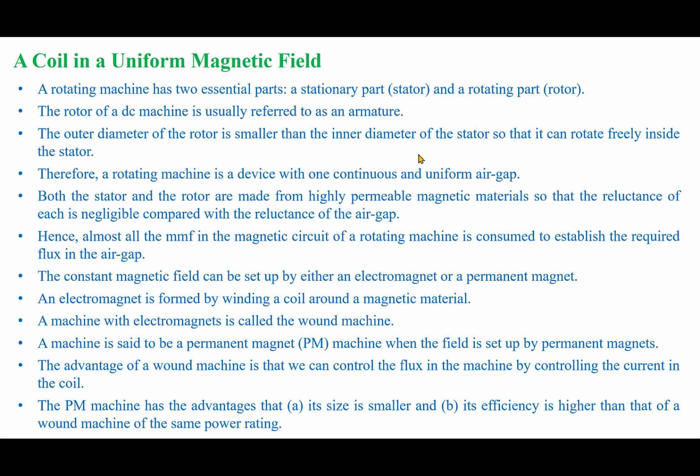Which loss is not there in the permanent magnet machine? They are there, of course, armature we have heat. It is producing it, right? Only the field winding incurs the resistive loss, copper loss in the field winding, which is less in case of permanent magnet, because the field winding is not there, right?